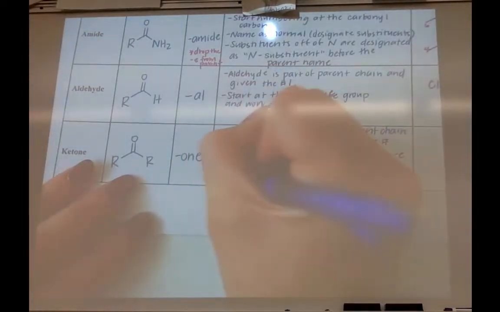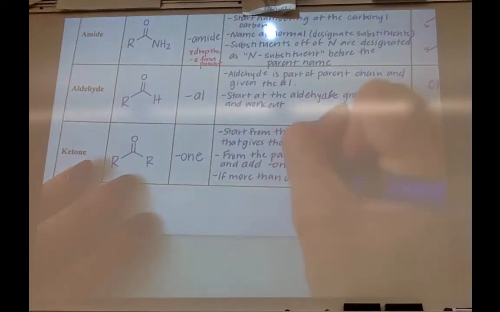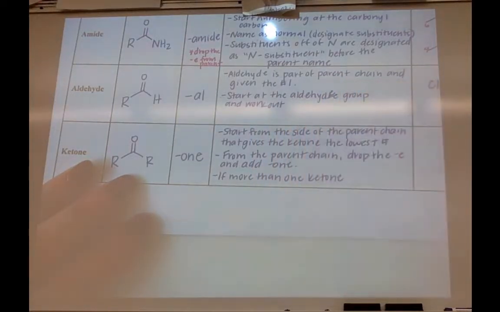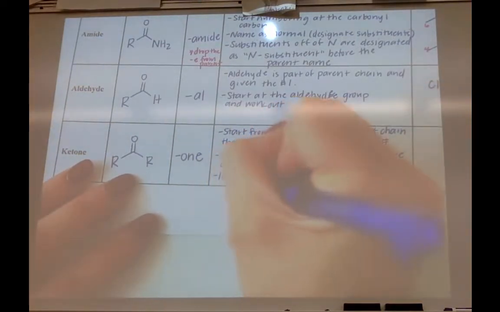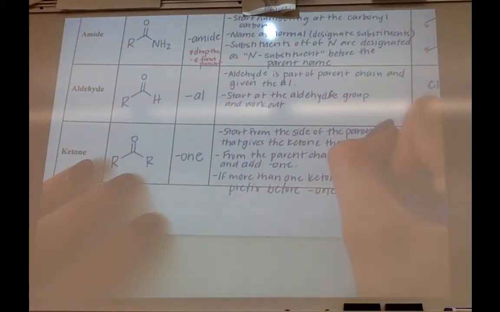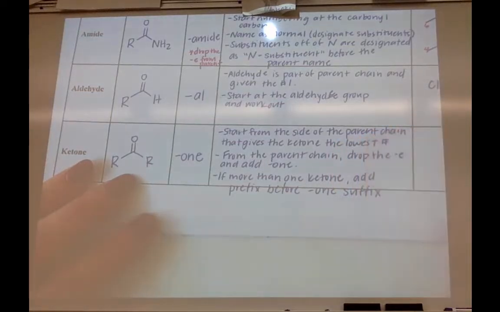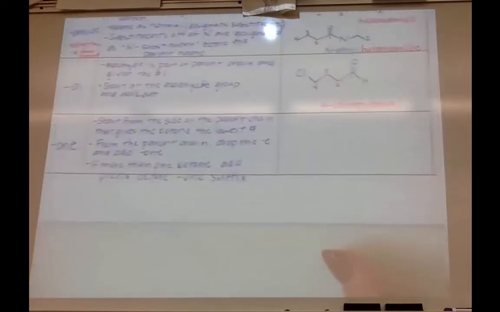If there's more than one ketone, which we could see, more than one of those carbonyl carbons, then we just add a prefix before the O-N-E suffix. So like dione, trione, just like we did with diene and triene. So when it comes to ketones, we want to give our ketone the lowest number possible.